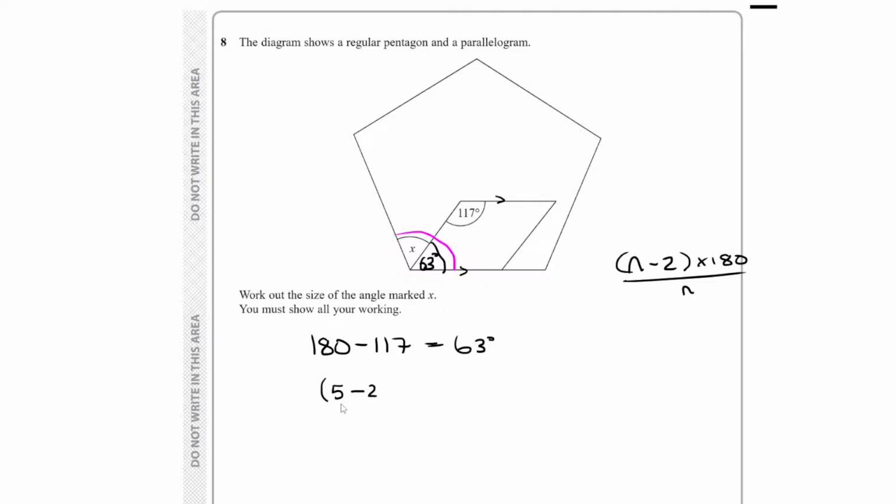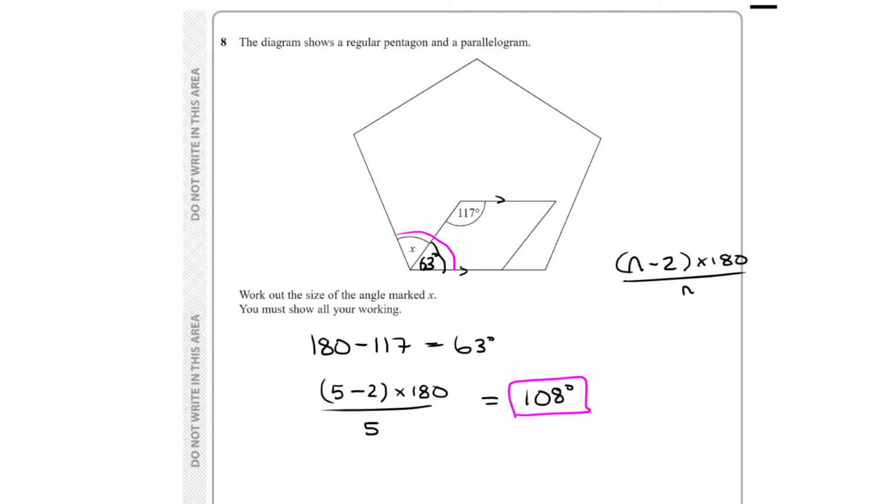Unless you already know how many angles are in a pentagon, then that's fine, but I don't know that off by heart, so that's what I'm working out. This gives me the total of the angles in any pentagon, but I just want to know one, and because it's regular, they're all the same. So if you do that, that gives you 108 degrees. So that whole pink angle is 108.